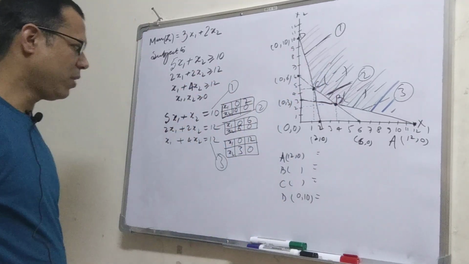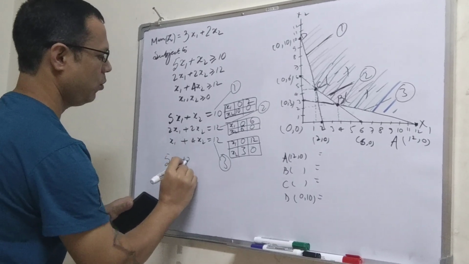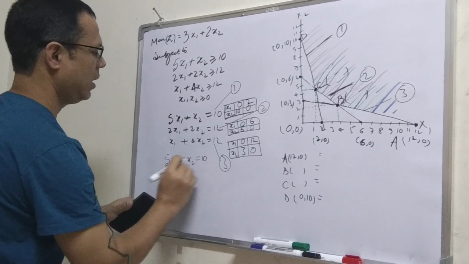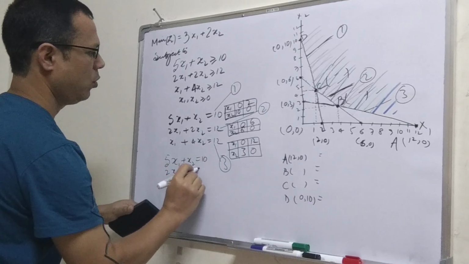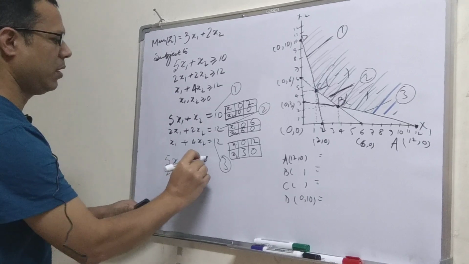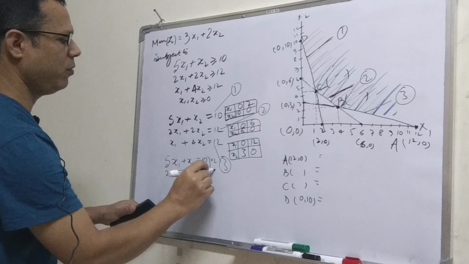So take the first and second equations: 5x1 plus x2 is equal to 10, and 2x1 plus 2x2 is equal to 12. To solve this, we need to cancel x2, so we multiply the first by 2 and the second by 1.